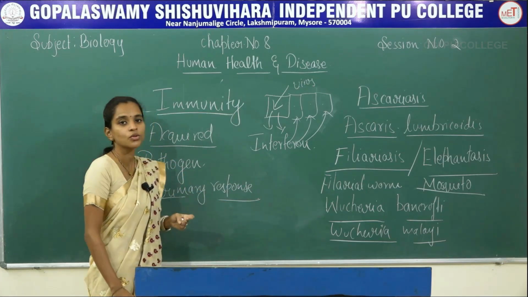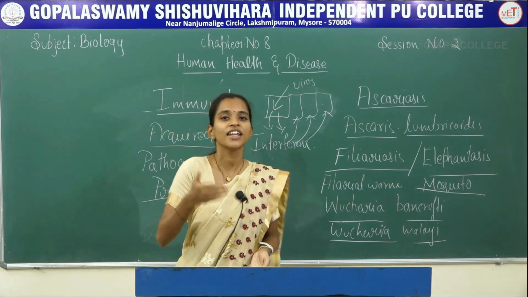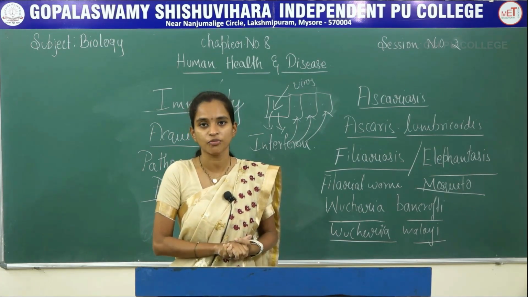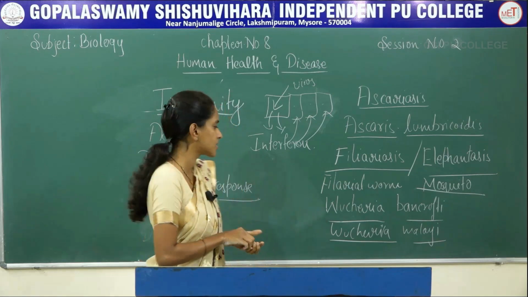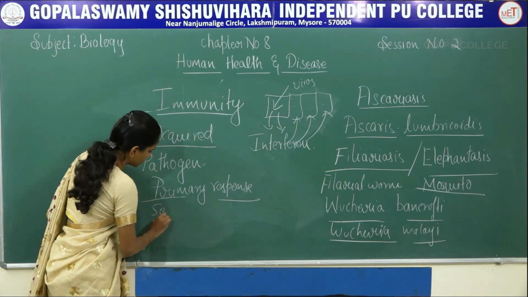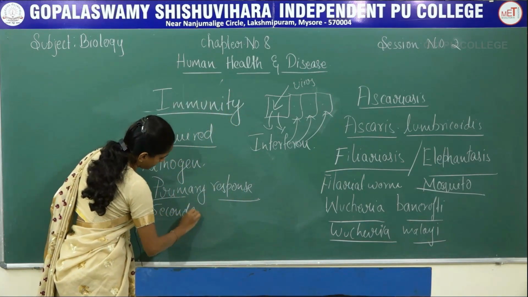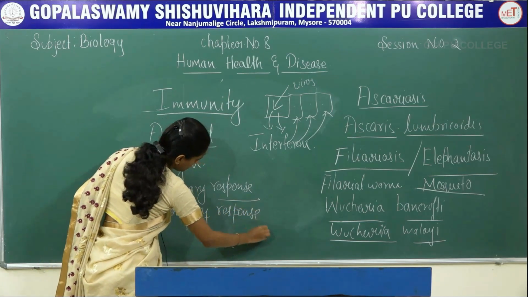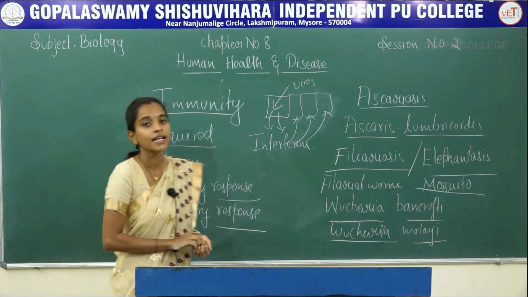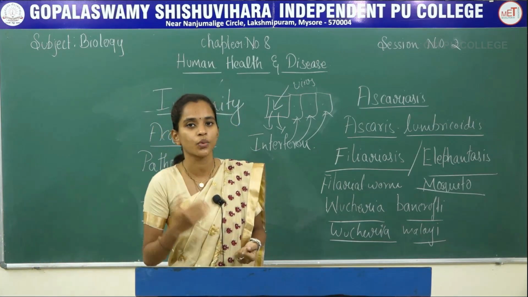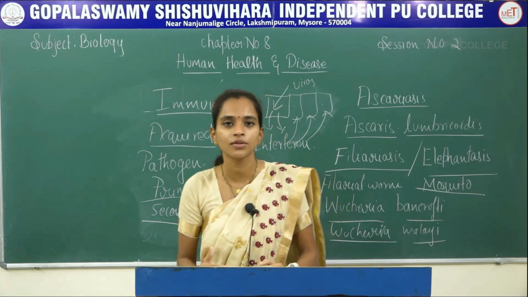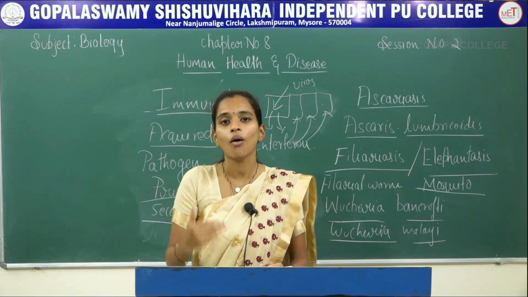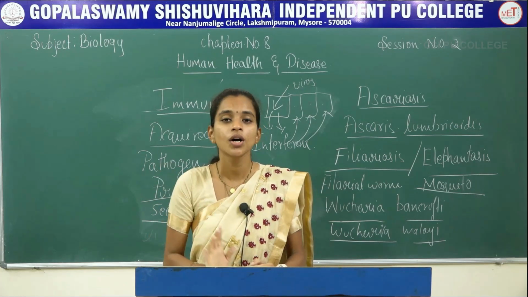If the same pathogen enters our body frequently, continuously, if our body is exposed to this kind of pathogen, then the response is termed secondary response. And this secondary response will be very much quick, because we already know the pathogen, we know what is the structure, what is its effect, and we already have certain types of antibodies to destroy that.